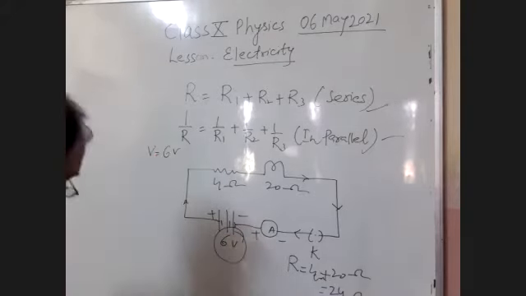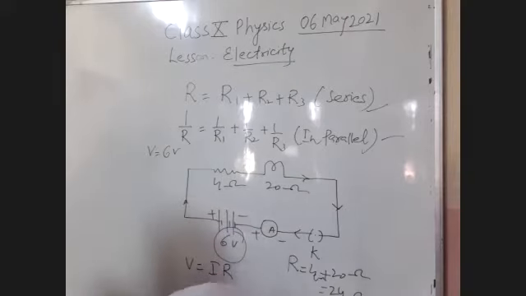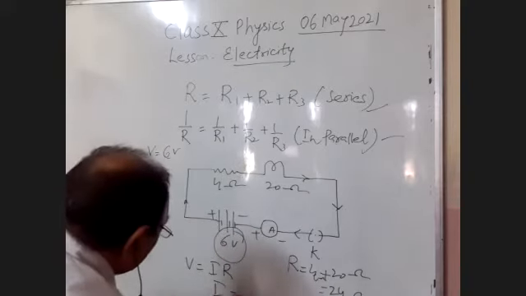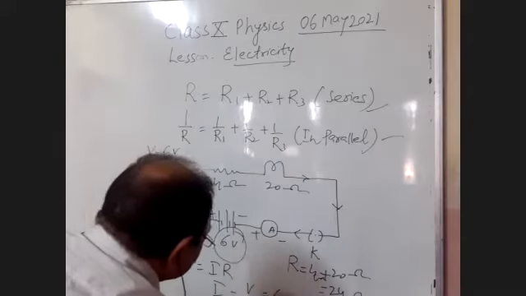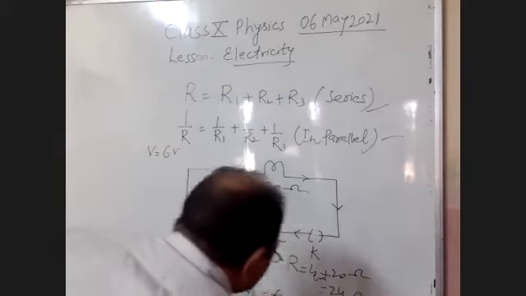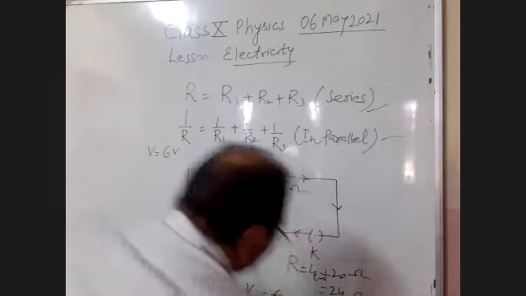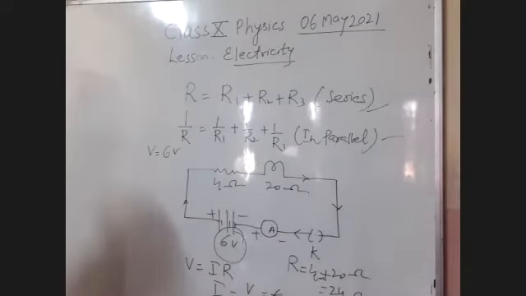Using Ohm's law, V is equal to IR, so I, the current, is equal to V by R, that is 6 divided by 24, which is 1 by 4, that is 0.25 ampere. The value of the current will be 0.25 ampere. Is it clear, students?